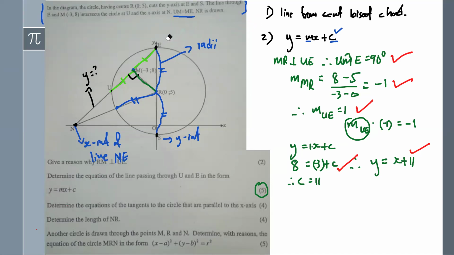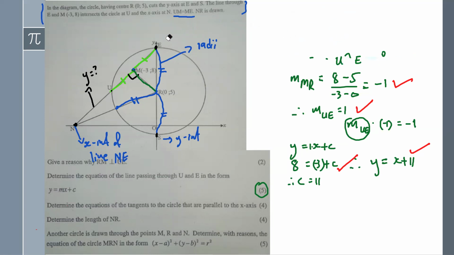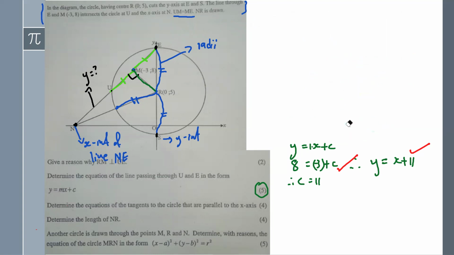That is actually where it kicks in. So the y-intercept is point E, and we now know the equation of that line. And so it becomes clear that the coordinates of E are actually 0 and 11, because that's what the y-intercept is.